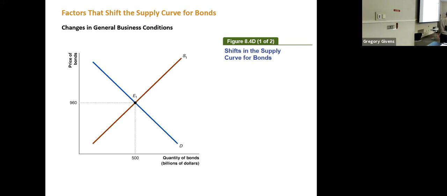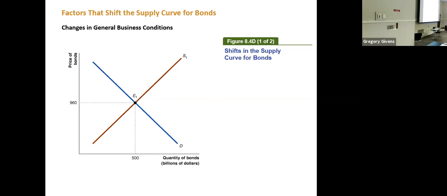Whatever the case may be, what do you imagine happens to businesses' willingness to try to borrow in order to finance their investment spending if business conditions are positive? If the economy is booming and firms expect the profitability of those investment projects to be high, they're more likely going to want to borrow in order to finance investment spending.